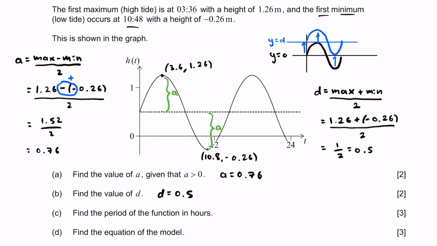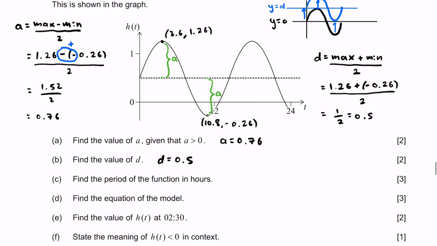Let's look at this. Here we have our first maximum at 1.26 hours, and then our first minimum at 10.8 hours. So how much time has elapsed for us to go from the max to the min? We can find that out. That would be 10.8 minus 3.6, and that would be 7.2 hours.